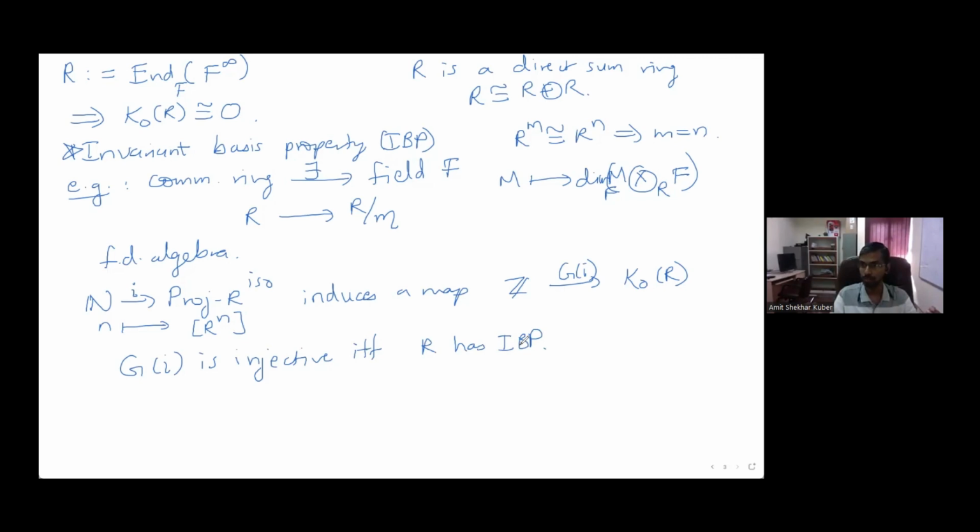Their Grothendieck groups should always contain Z because of IBP. Whereas at the top of this slide, you have an example where R is isomorphic to R direct sum R, so you can't really do anything with this property.